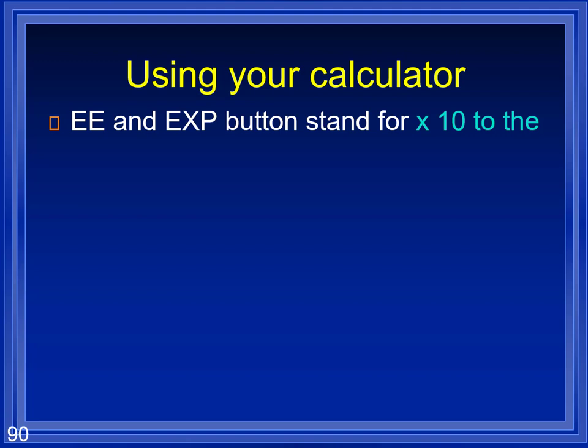On Casios and Sharps, they actually have a button at the very bottom that says times 10 to the x.